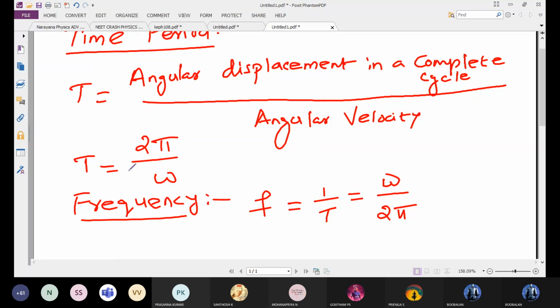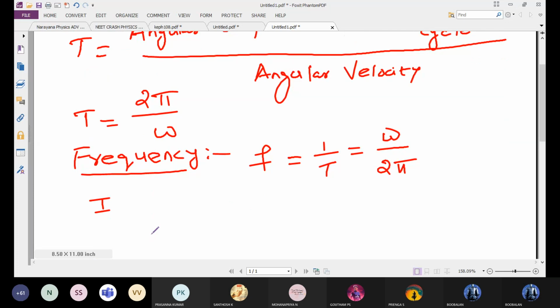Based on this time period and frequency formula, we can rewrite the current formula. I is equal to I naught sin omega t.